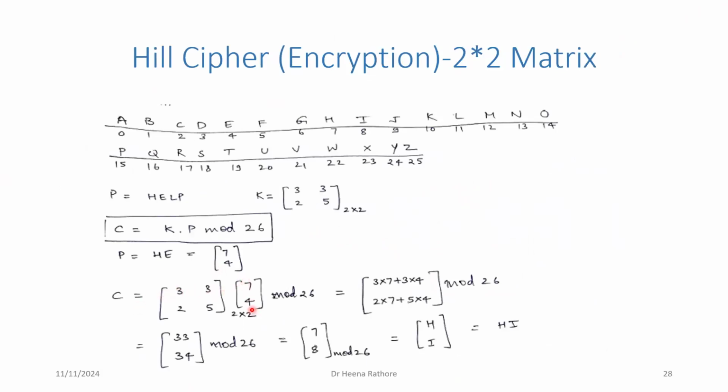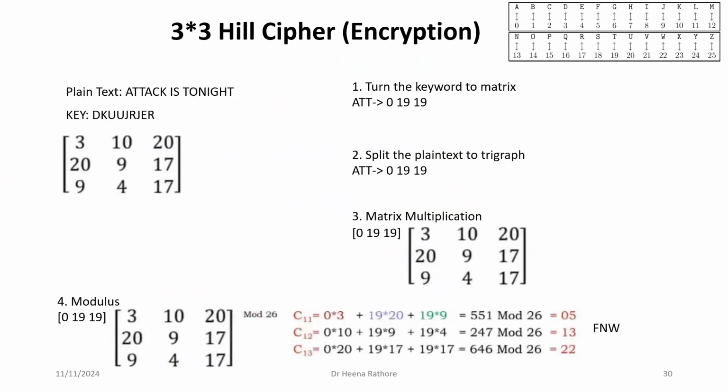I have just slightly tweaked it so that you understand how exactly the calculation is done over here, which in this case is row, column, row, column, once again row, column. This will give you three values, which are 5, 13, and 22 under mod 26 operation. So your resultant ciphertext is F, N, and W.